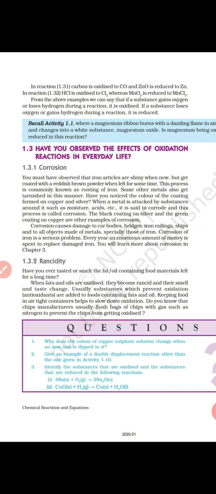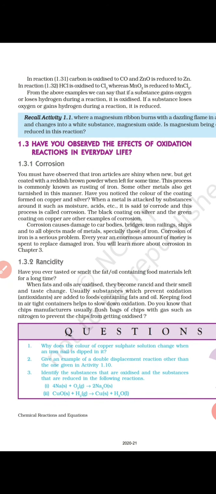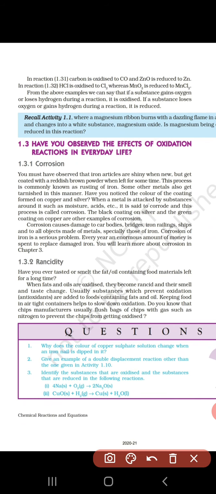Okay, now our next topic. Have you observed the effect of oxidation reaction in everyday life? Yes, we all have observed the effect of oxidation in everyday life. So what is corrosion? Everyone knows about corrosion?